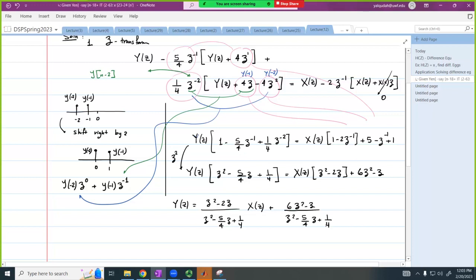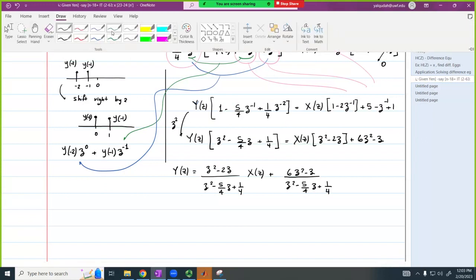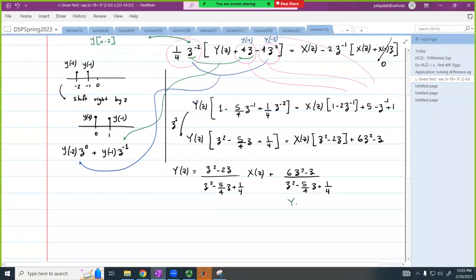Now when I look at this output, there's an output component that is a result of x of z, and there's an output component that is a result of initial conditions, which is what we defined as when we said x equal to 0. So this is output when x is equal to 0. This is the output when initial conditions are equal to 0. Together, they give me the complete output.